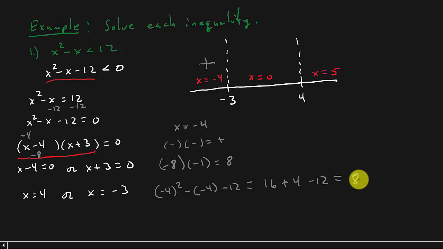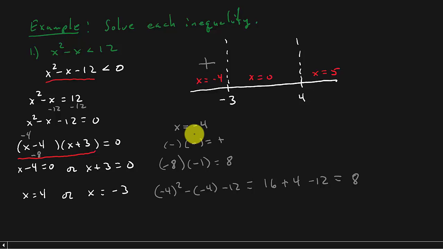But let me ask you this. Which is easier? Is it easier to do the numbers and get an answer in this one or this one? Or do you think it's easier to say, well, okay, if I plug in -4 minus 4, that's a negative number. -4 plus 3 is a negative number. A negative times a negative is a positive. That's easier to do. Okay?